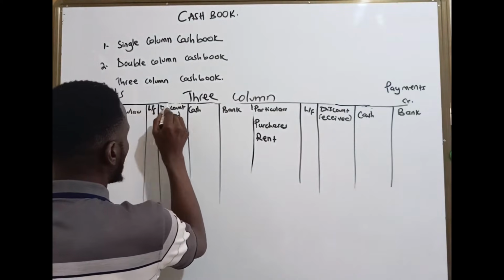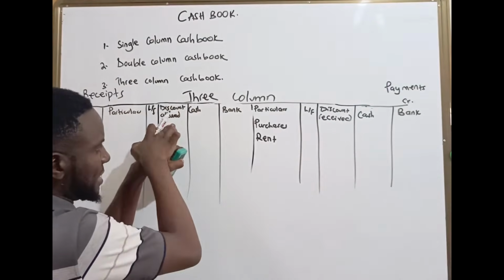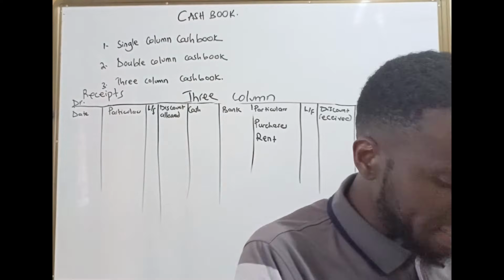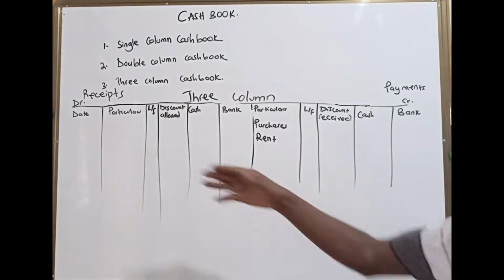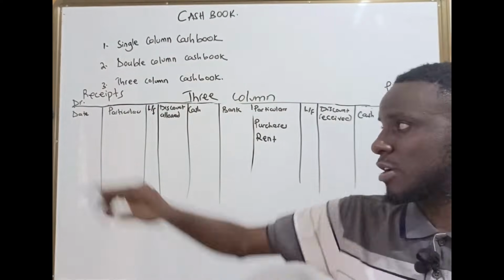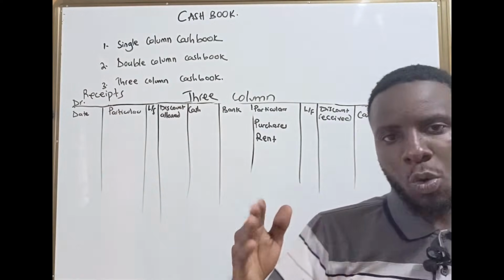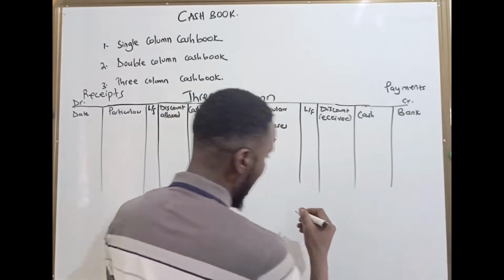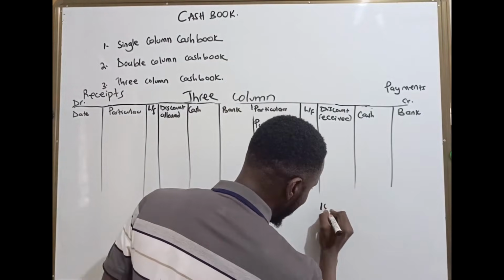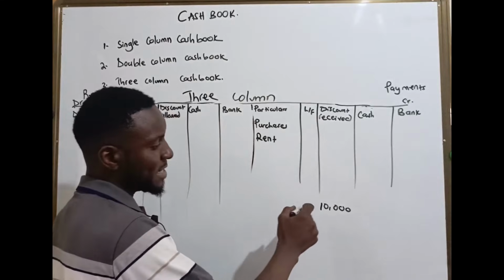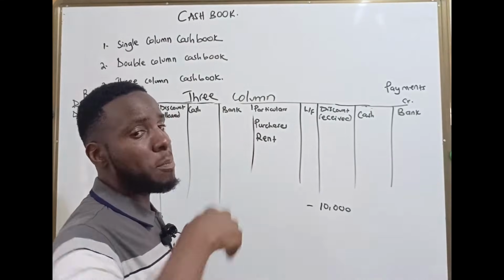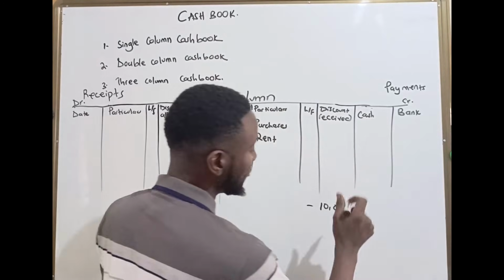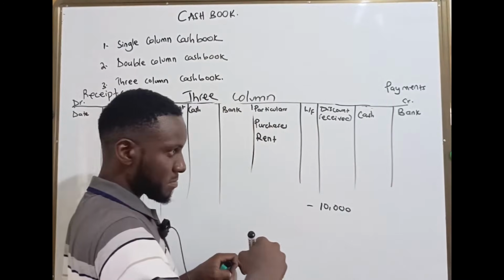Now, the question is, why are we putting the discount allowed this side? Remember, for example, let me say we are receiving money from a debtor, because we have said here these are receipts. So if we are receiving money, for example, let's say we are demanding someone 10,000, and we tell him that if you pay within this amount of time, we shall give you 10% a discount.